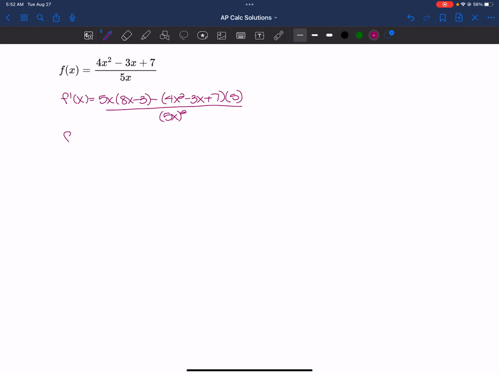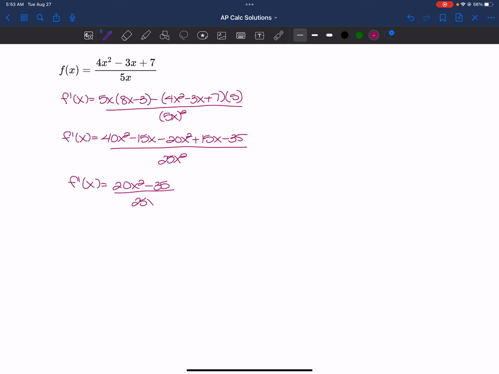So now f prime of x is 40x squared minus 15x minus 20x squared plus 15x minus 35, and this is all divided by 25x squared. So f prime of x is equal to 20x squared minus 35 all over 25x squared.